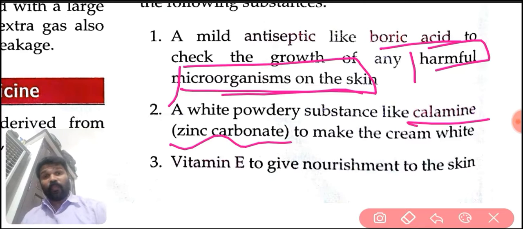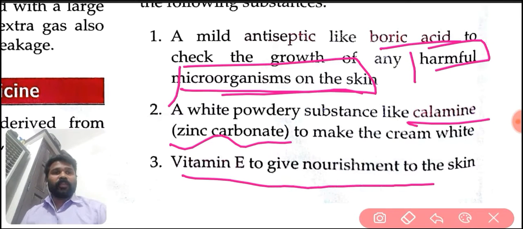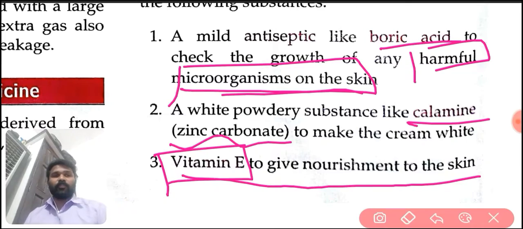Now, vitamin E to give nourishment to the skin. For the nourishment of the skin, we are using vitamin E in the creams.